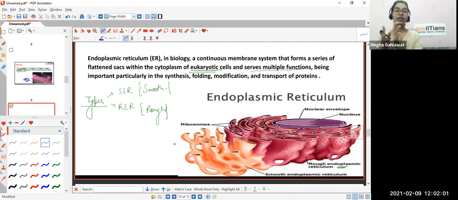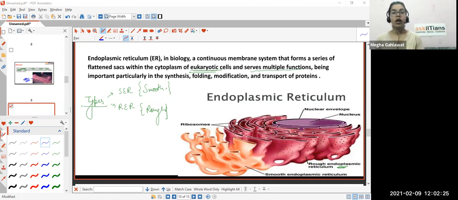Since there are no ribosomes, the texture is smooth, as the name suggests. That being said, you should understand that the rough endoplasmic reticulum is present right next to the nucleus, and the smooth endoplasmic reticulum is present in continuation with the rough endoplasmic reticulum.